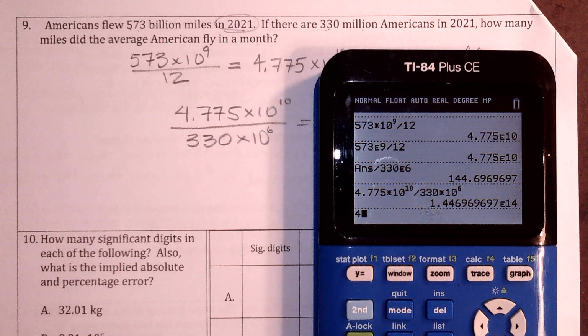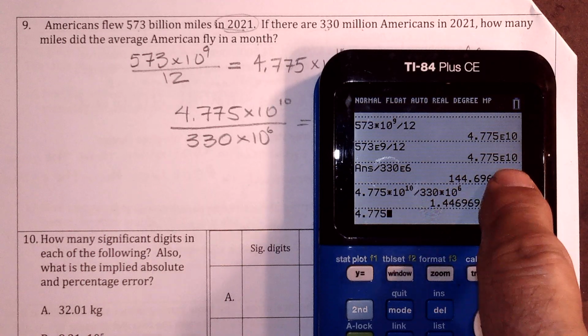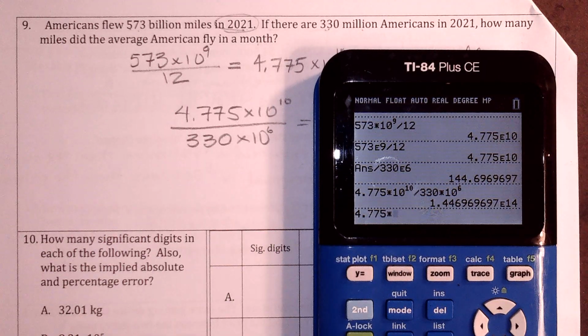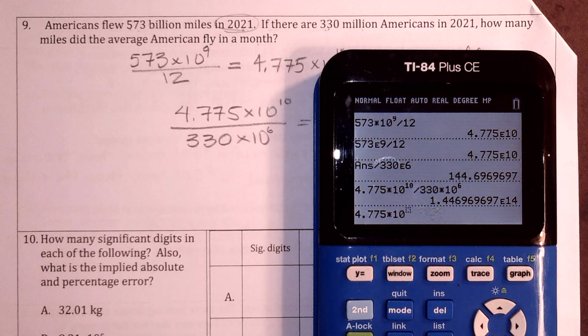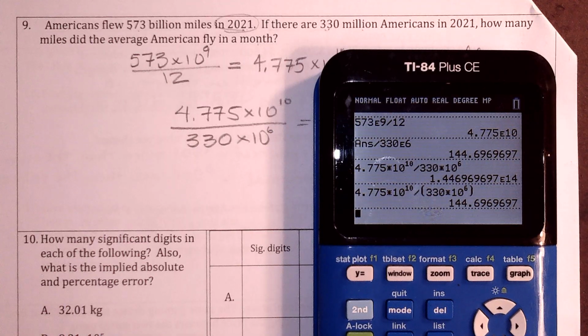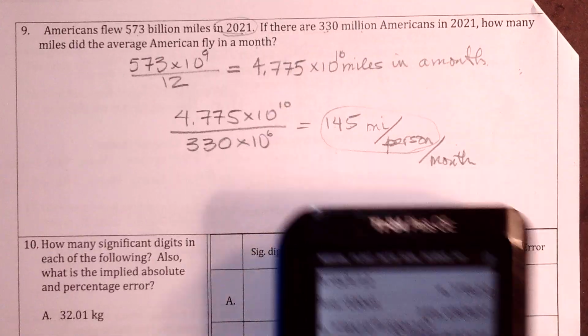So 4.775 times 10 to the 10th divided by parenthesis 330 times 10 to the 6th, close the parenthesis, and now we'll get that 145 that we had before.